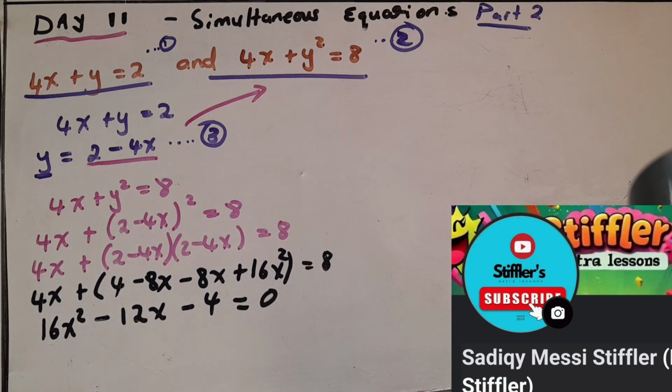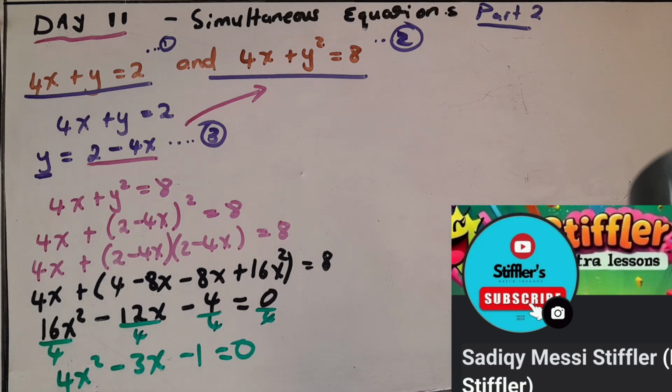As we check our equation, we can see that there is a common factor that can divide throughout. So we divide throughout by 4. If we do that, this becomes 4x squared, negative 3x, and negative 1 being equal to 0.